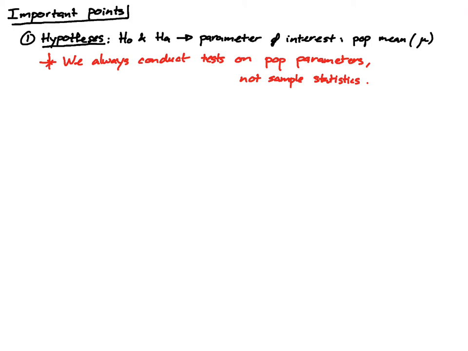But if somebody makes a statement about the population mean, you don't have access to the population, and so you don't know what the population mean is. And so to analyze whether that statement is valid, you have to do a hypothesis test, and you test on the population mean, not the sample mean.